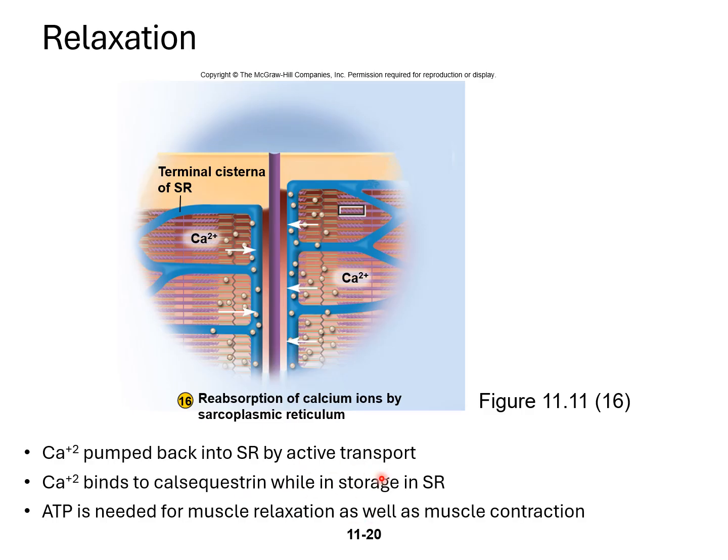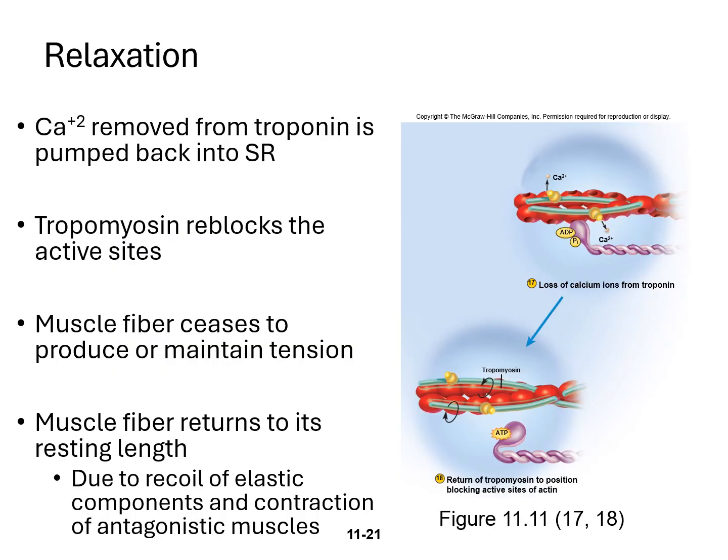Then it will be stored again in the sarcoplasmic reticulum, and ATP is needed for muscle contraction as well, because once the calcium is removed from the troponin, the tropomyosin slides back onto the actin active sites. You need the ATP to remove it from the actin active site. And then it can recoil and be recocked and ready to activate again.